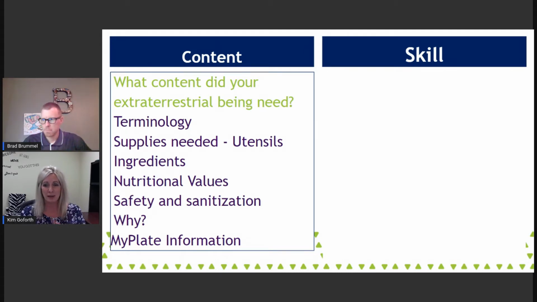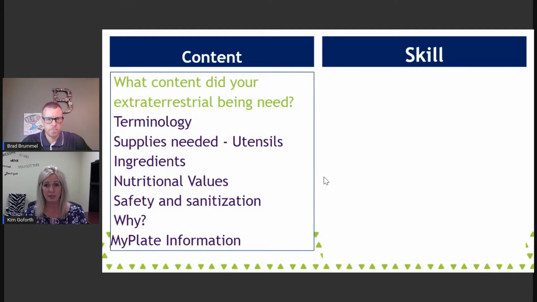And then because I'm a health teacher by nature, I'd talk to you a little bit about why you're eating it, why you're even making a sandwich, because it's lunchtime or breakfast. You can get some good protein, but talk about nutritional values, talking about the My Plate information and where that falls in your healthy eating. And then because my mom was pretty hard on us, we had to clean up after ourselves and don't leave crumbs on the counter.